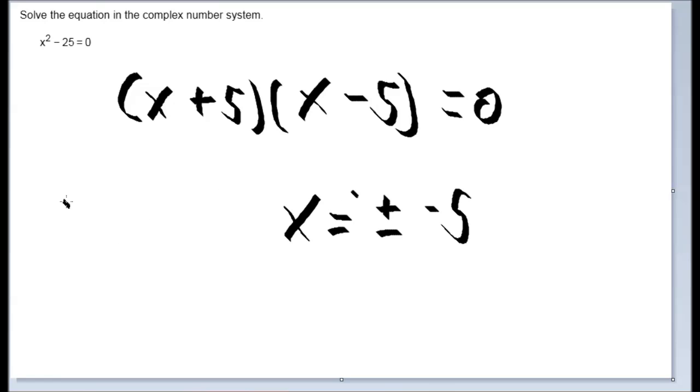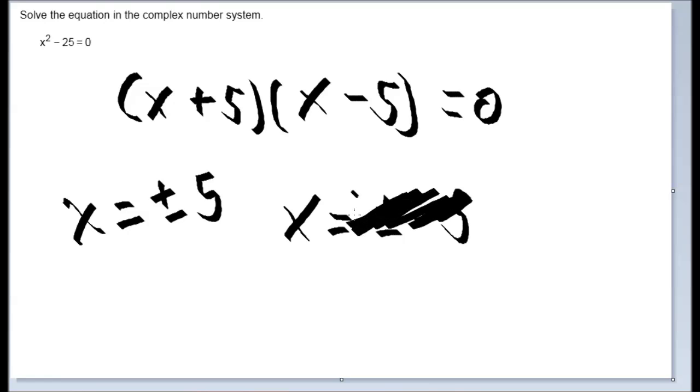So really the answer should look like this. x equals plus and minus 5, not negative 5. Getting a little bit more used to the pen too as we go. Okay, so this is the answer right here for this. It's a plus and minus 5. Obviously, that's the negative and the positive. And this one has real solutions, but we still include them even though it says complex number system.